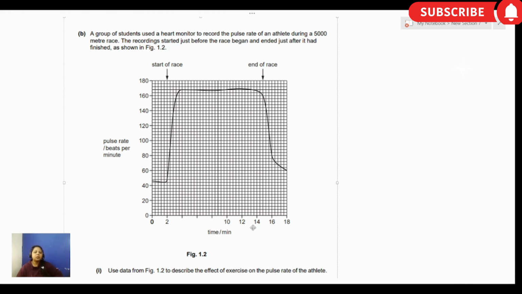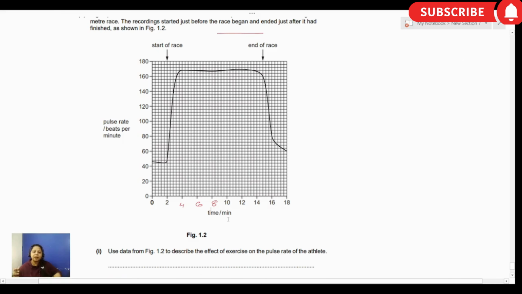The recording started just before the race began and ended just after it finished. Okay? So there is a start of race at 2 minutes and the end of race at 15 minutes, I guess. Okay, use data to describe the effect of exercise on the pulse rate.